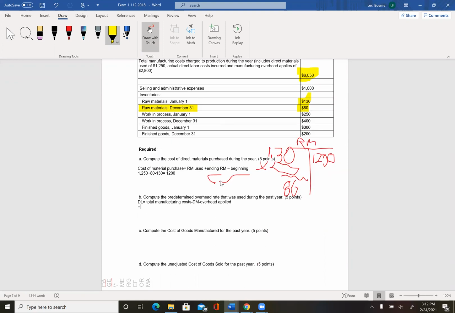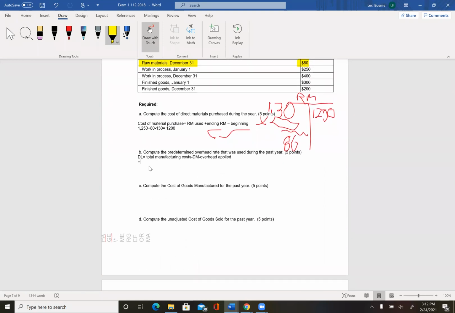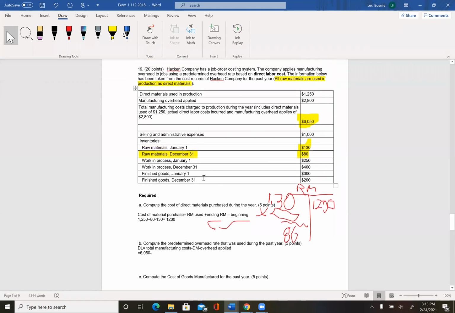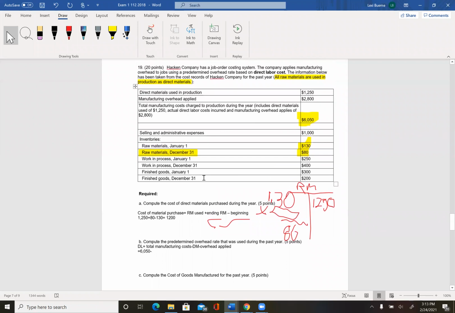That's 6,050. Then you're going to subtract out the direct materials, which is $12.50, that first one up there. And also you're going to subtract out the overhead applied, which is right under that, the 2,800. So your total direct labor is going to be 2,000.